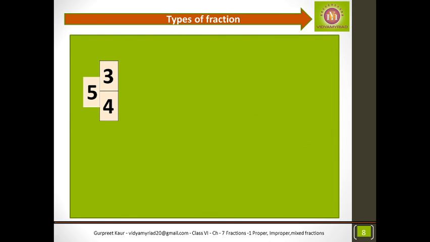Now see, 5 3 by 4. Here your 5 is the whole number and 3 by 4 represents the proper fraction because the numerator is less than the denominator. So there is a whole number and a proper fraction. A mixture of this is known as a mixed fraction.